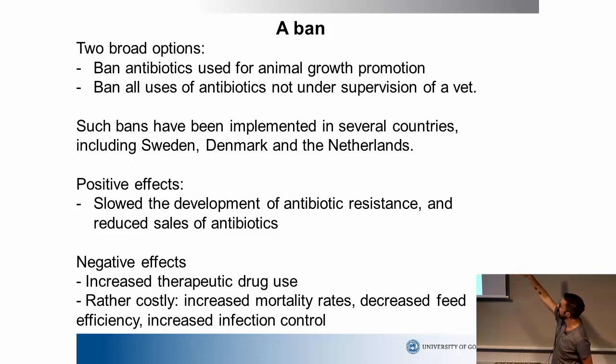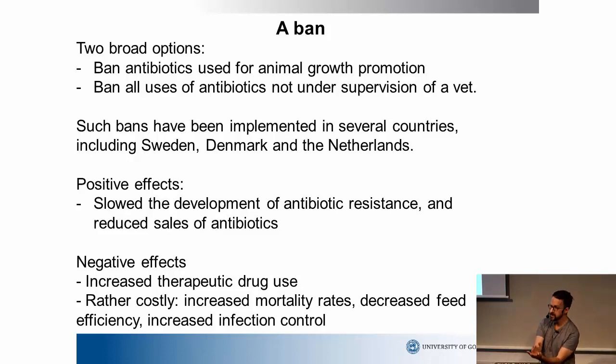One is simply to ban the use of antibiotics for animal growth promotion. You're not allowed to use antibiotics for growth promotion. Okay? And another one, slightly different but similar, is to ban all the use of antibiotics that is not under the supervision of a vet. Okay? So the vet needs to say whether it's okay to use antibiotics or not.